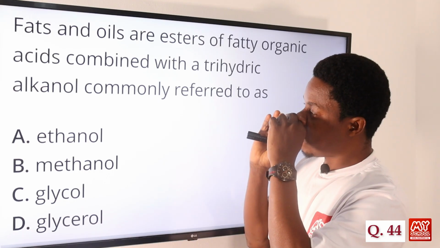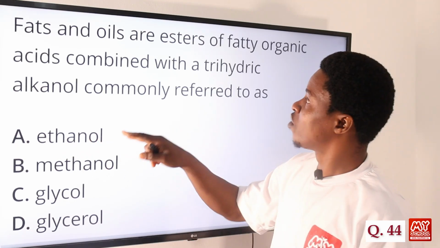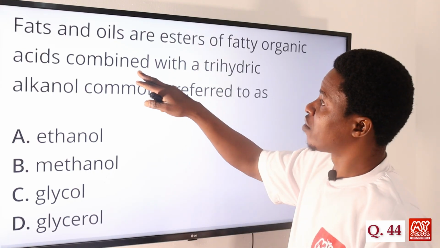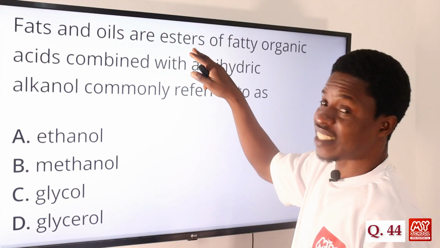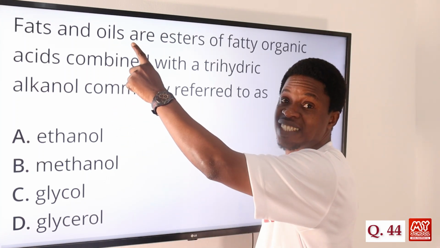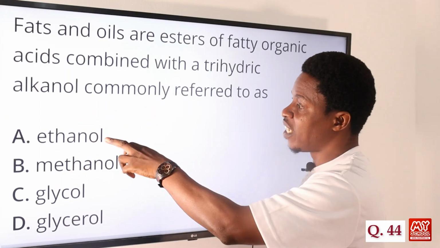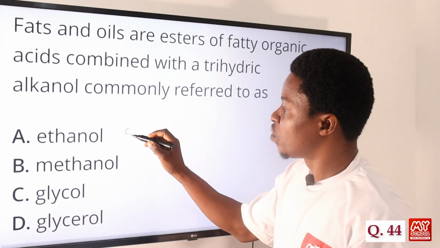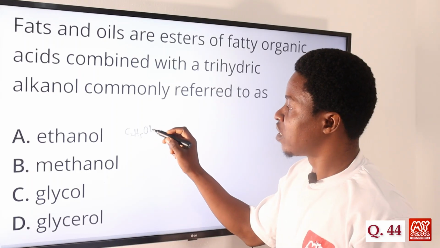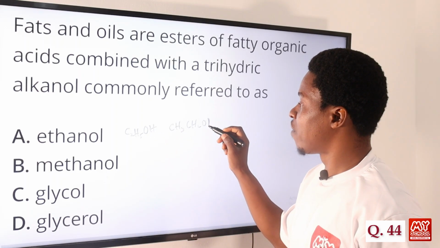So for the sake of it, we have ethanol. Ethanol is not, because we talk about the fatty acids that are esters. So ethanol cannot be a fatty acid. The reason being that it is a general name for alkanol. It has this formula C2H5OH, or CH3CH2OH, whichever way.